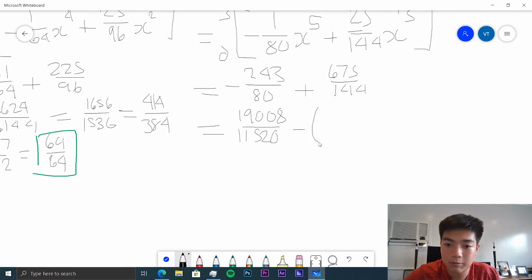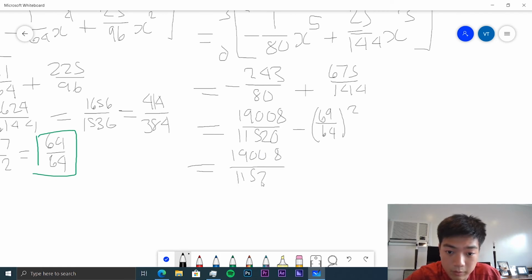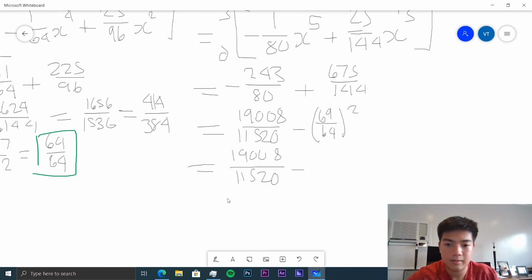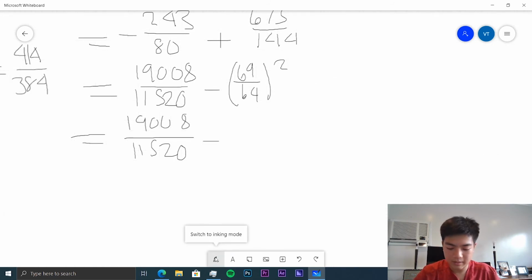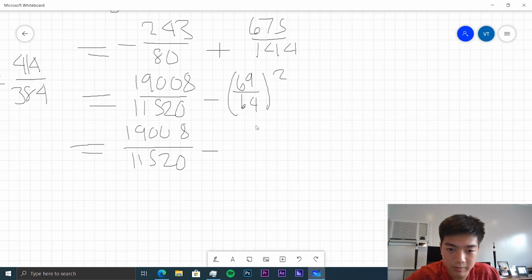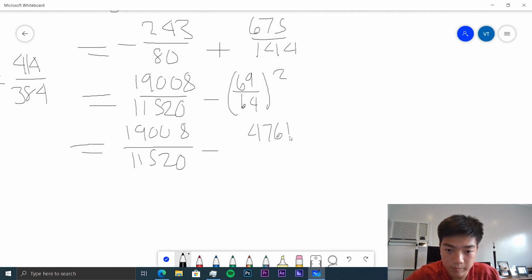And so now we have to subtract the square of this. 69 over 64 squared, so this is equal to 19,008 over 11520 minus 69 squared, 4761 over 64 squared, 4096.